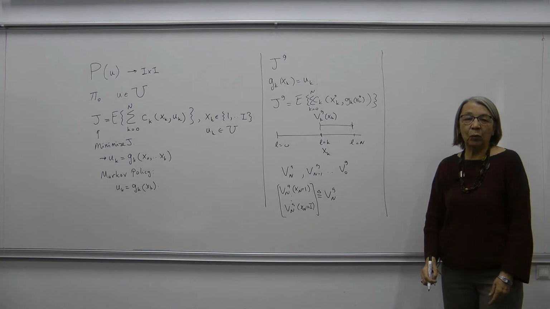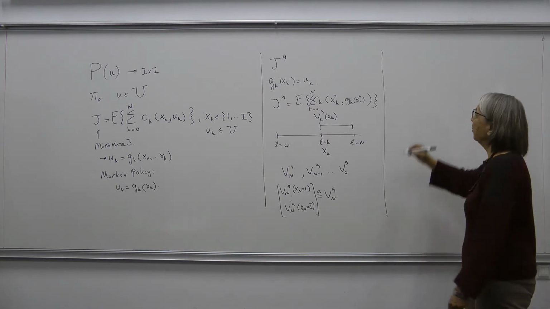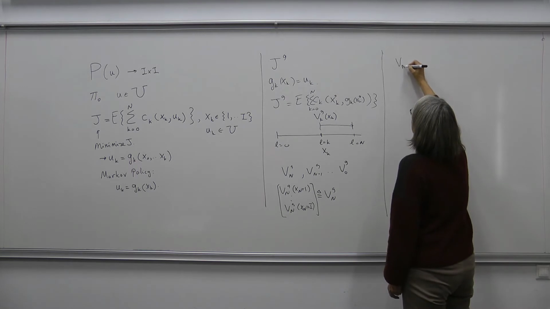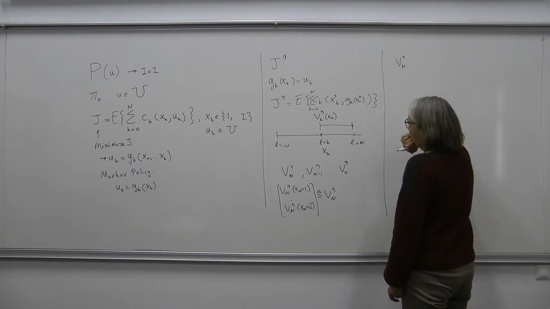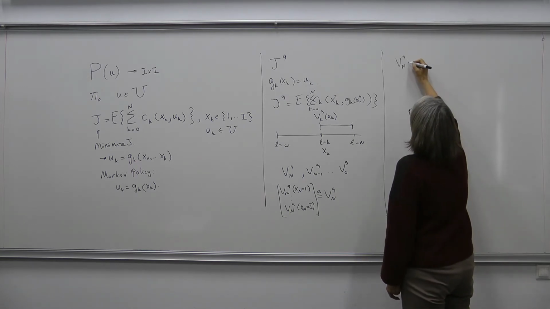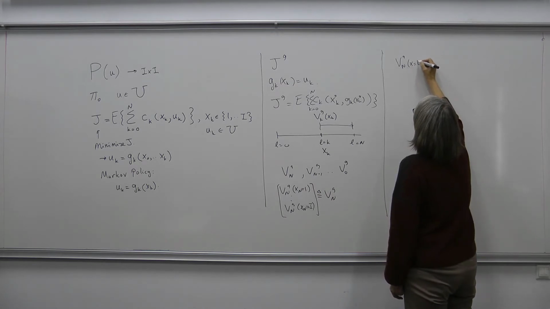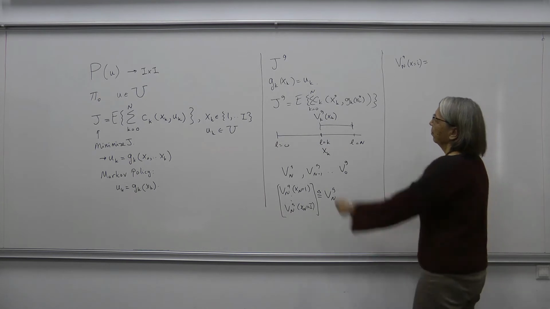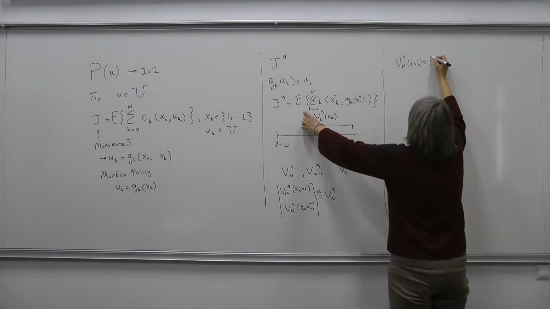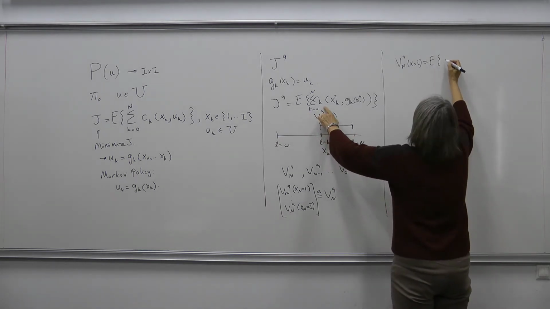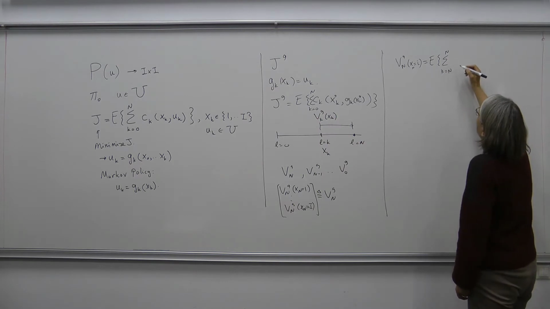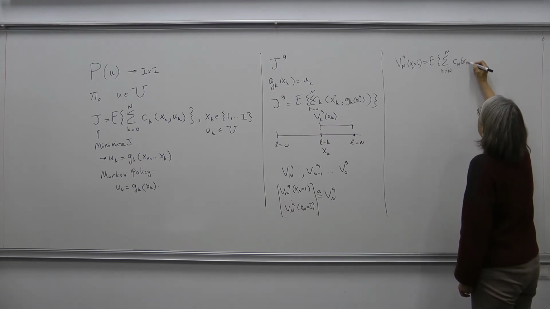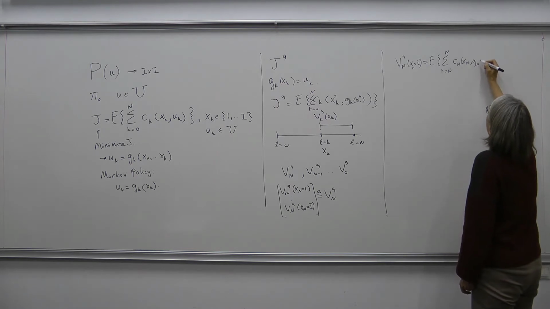And now, since our aim is to find them recursively, we will start from the final vector and obtain what this V_n^g of x_n equal to i is. That is equal to, according to our definition, the expected value of the summation k from n to n of c_n of x_n, g_n of x_n.